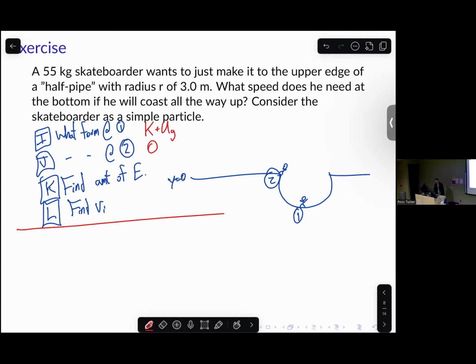At time 2, I'm not moving. I'm at where I've called zero height. I claim conservation of energy, that this is equal. Let's write down a mathematical statement that says that the initial total energy equals the final total energy. Okay.